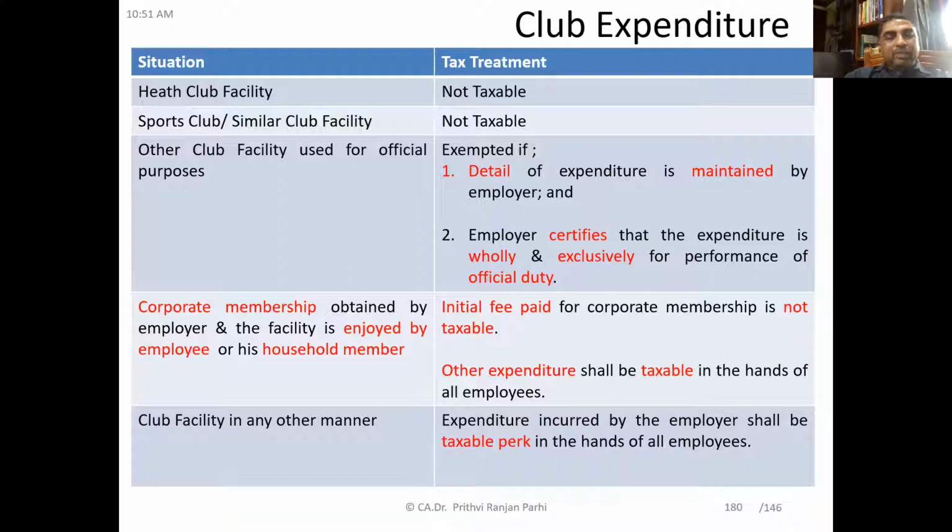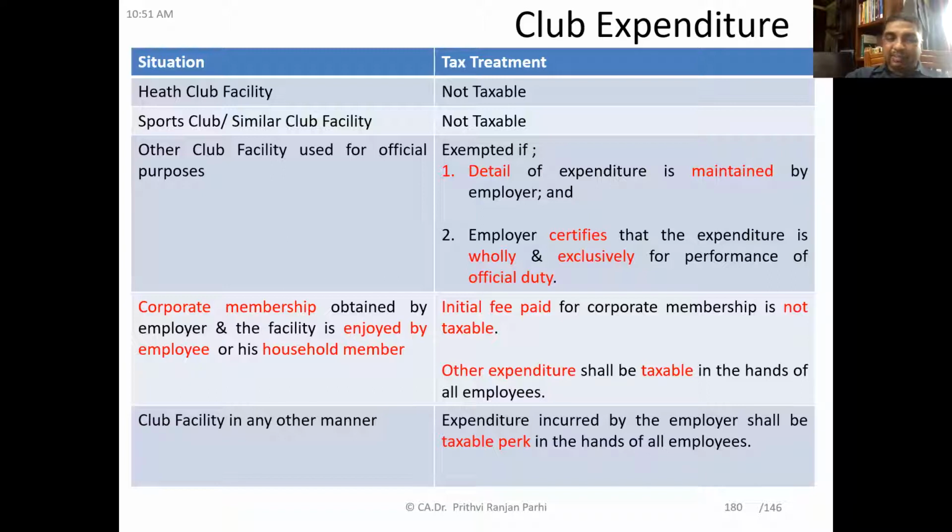Then, corporate membership obtained by employer and the facilities enjoyed by employee or his household members. So a corporate club membership is given to the employee, and the employee as well as his household members are enjoying it. In that situation, the initial fee paid for corporate membership is not taxable, but other expenditures shall be taxable in the hands of the employee.